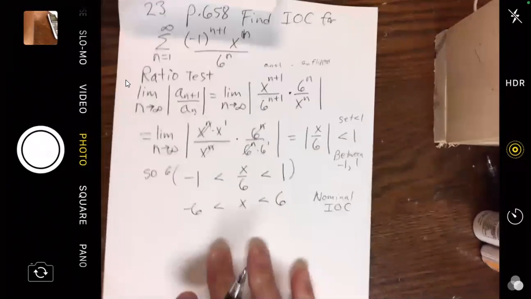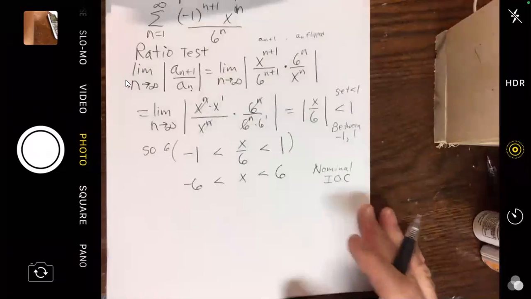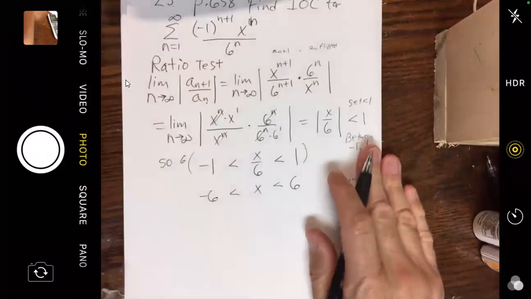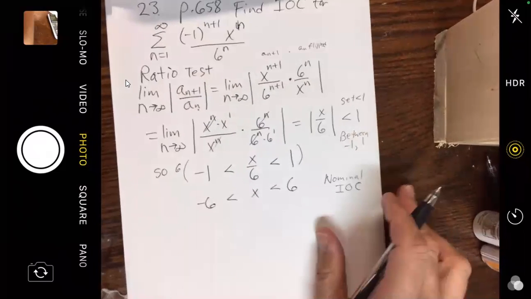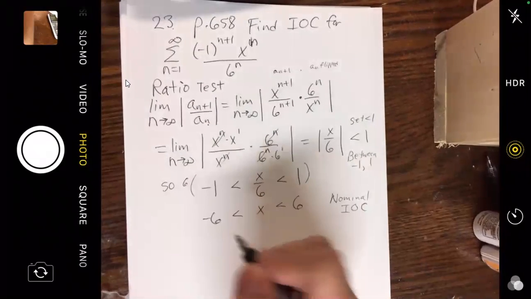But again, we've got to nail down the endpoint cases. Do either of them work? Are we ready to charge into that? Yep. Okay, I guess I'll check -6 first.